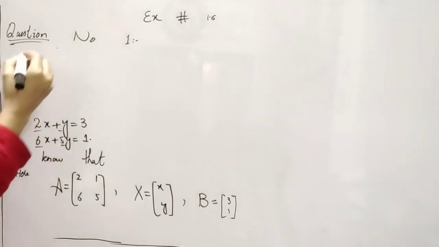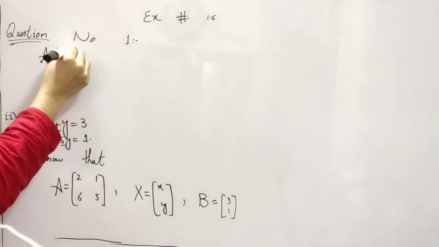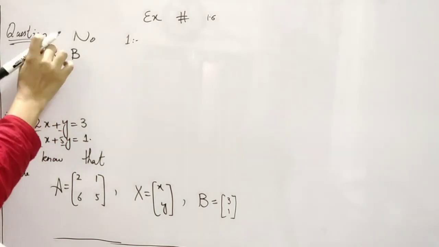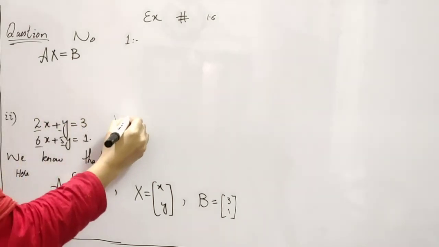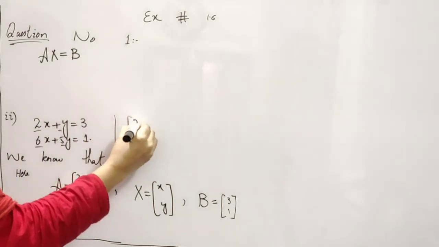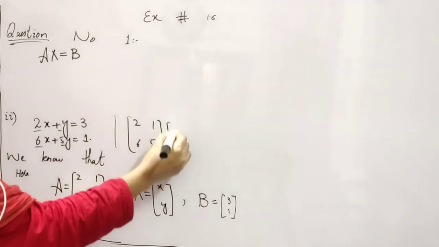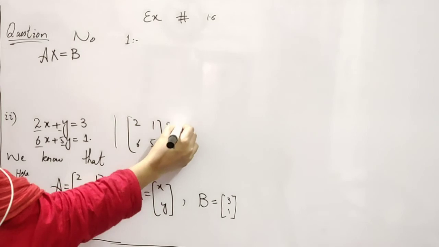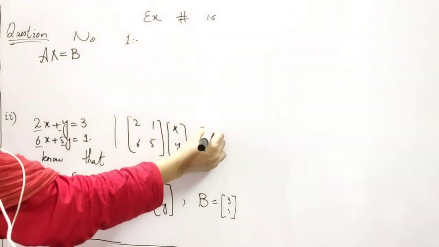So we know that AX is equal to B, because these equations will be equal to [2, 1; 6, 5] times [x; y], which is equal to [3; 1].